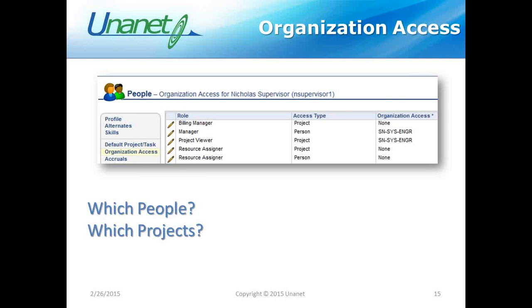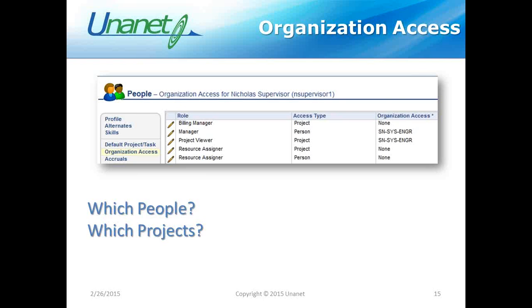So remember, just because a user has the project manager role doesn't mean he or she can manage anything until they've been given either the project access at a particular project, or, as we showed before, the organization access to a set of organizations. So in this example, the user's been given all of these roles: the billing manager, project viewer, resource assigner, and the resource assigner at the project level and for a group of people.